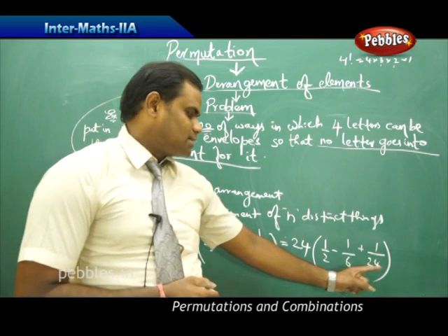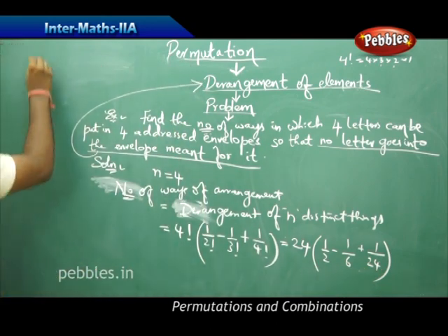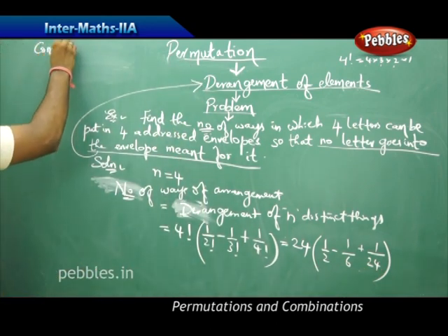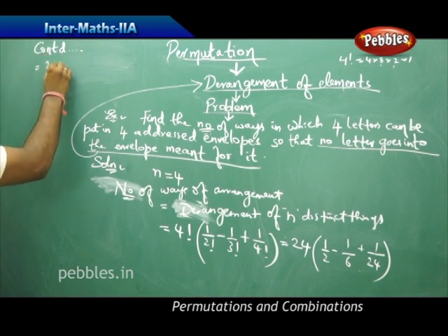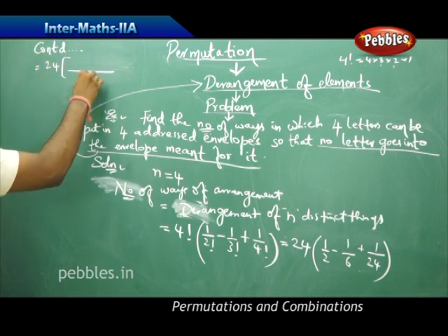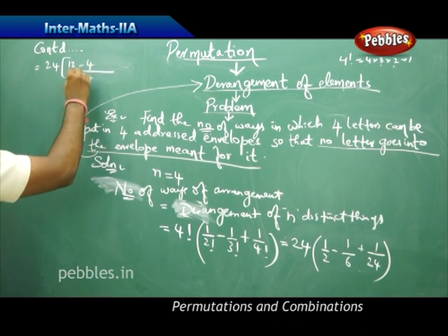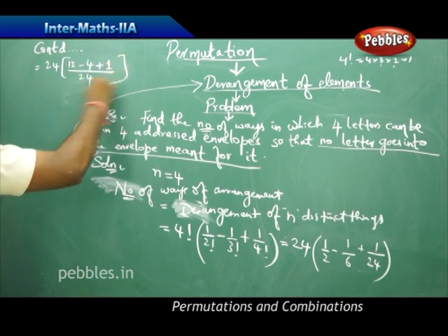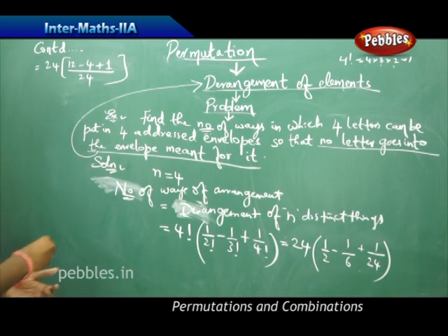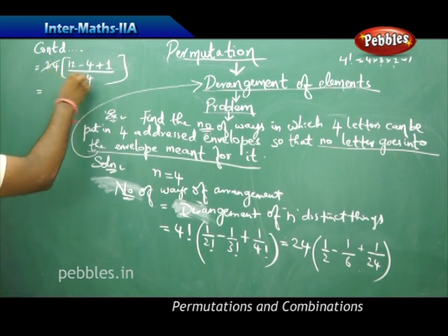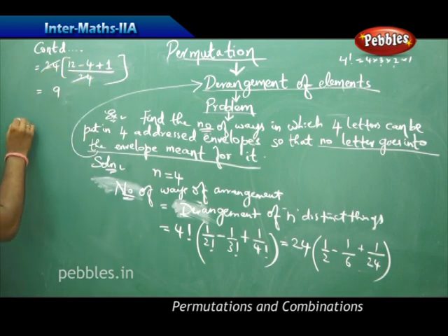Then taking the LCM of 2, 6, and 24, I can simplify this to 24 times (12 minus 4 plus 1) over 24, which gives 12 minus 4, which is 8, plus 1, which is 9.